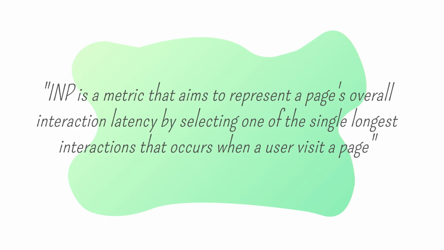So the difference between FID and INP is that FID is the time before the browser starts processing the interaction, and INP is the time before the next frame is rendered.